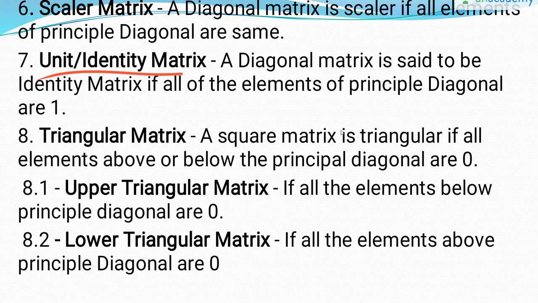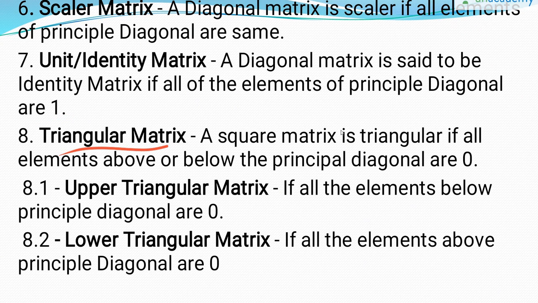Unit or identity matrix. A diagonal matrix is said to be an identity matrix if all the elements of the principal diagonal are 1. If all the leading principal diagonal elements are 1 in a scalar matrix or a diagonal matrix, then that matrix will be known as an identity matrix or unit matrix.